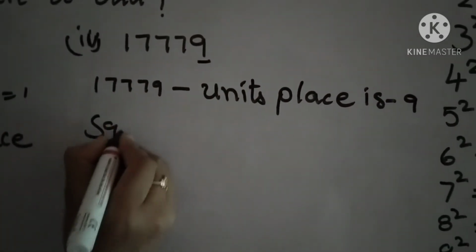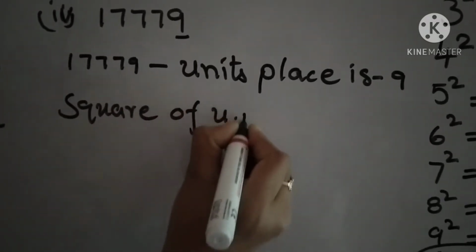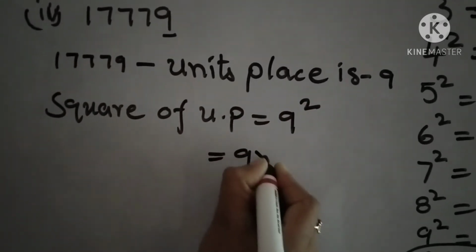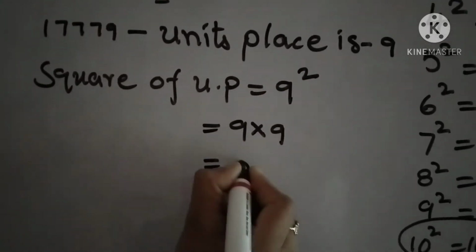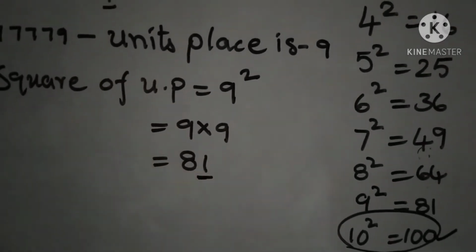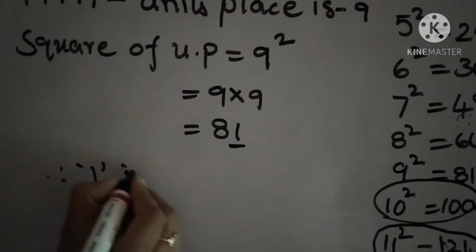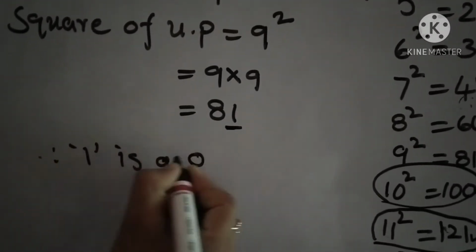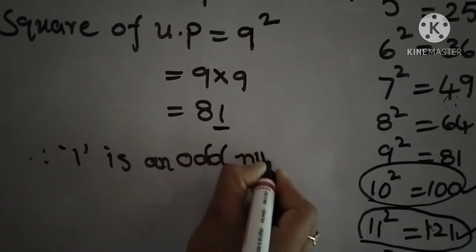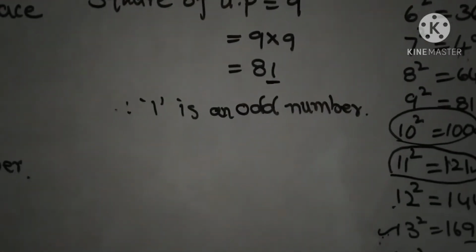So the square of the units place is 9 square. We should write 9 into 9. 9 nines are 81. So here also the units place is 1. Therefore 1 is an odd number. So here also it is an odd number.